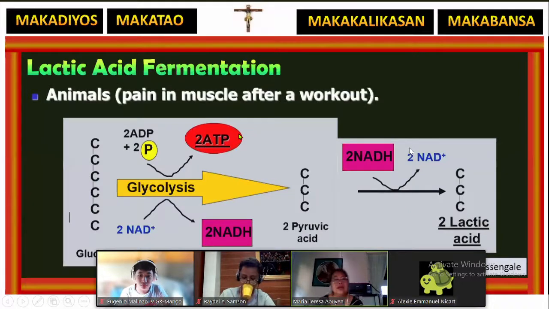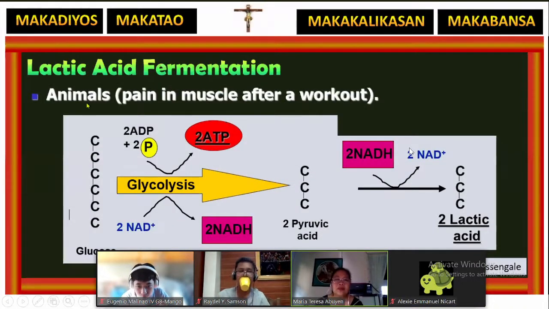So, lactic acid fermentation, as I said a while ago, occurs in animal cells. Animal cells. Do we undergo fermentation? Yes, during emergency cases. You'll notice when you work out, you will feel pain in your muscles because your muscle cells run out of oxygen.